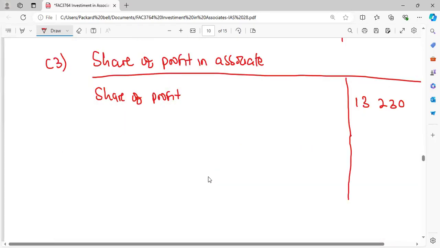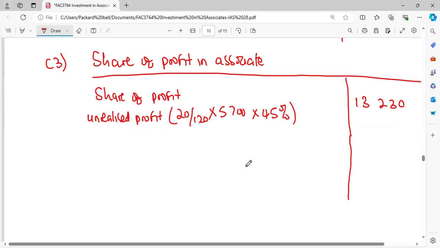So here we're going to eliminate unrealized profit. So the unrealized profit is going to be 20 over 120 times 5,700 times 45%.